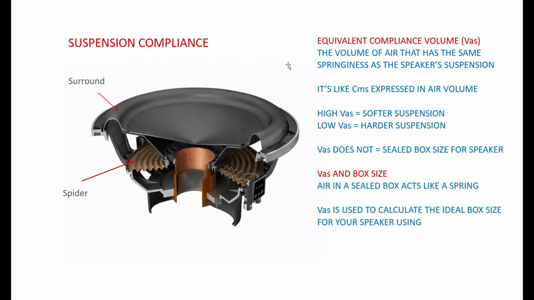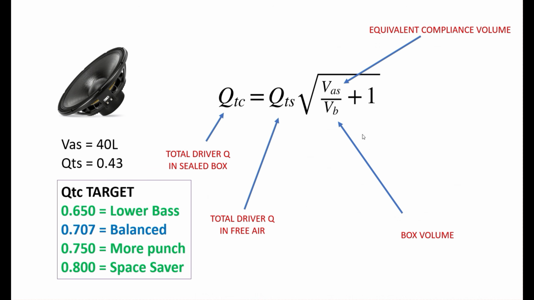As we said before, we use that in box calculations. And then we're going to have the box volume, the internal box volume, excluding the speaker and any internal bracing, in cubic feet or litres or whatever units you're working in.